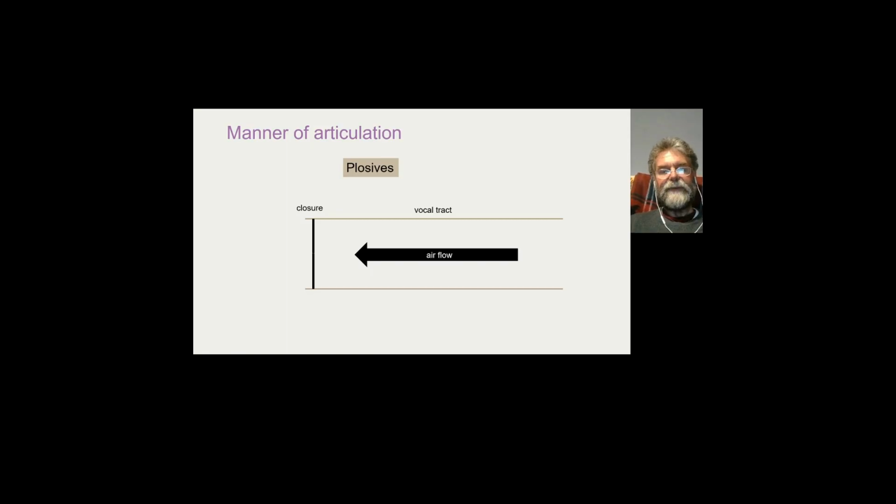It can be at your lips or with your tongue touching the roof of your mouth or the alveolar ridge or the velum or anywhere, as long as you stop the flow of air coming out from your lungs. Now what this does is, because your lungs are breathing out, but you've closed the exit for the air, that builds up pressure.